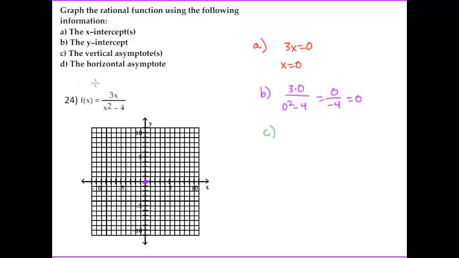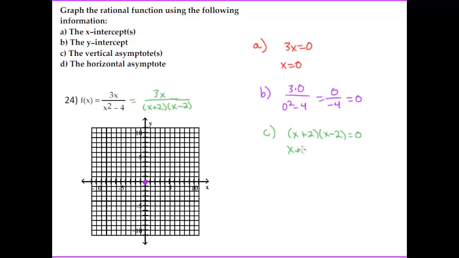C, okay, at this point, if we haven't yet factored, we need to. This is going to stay 3x on top, but on bottom, this factors into (x plus 2)(x minus 2). We check real quick and see, does anything cancel out? Nothing does, so we set the bottom of our fraction equal to 0 and solve.